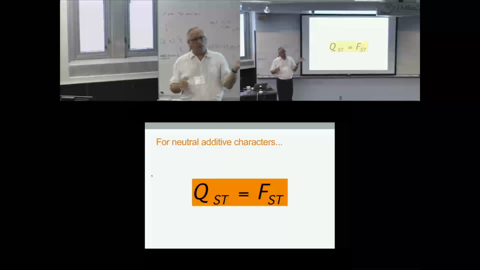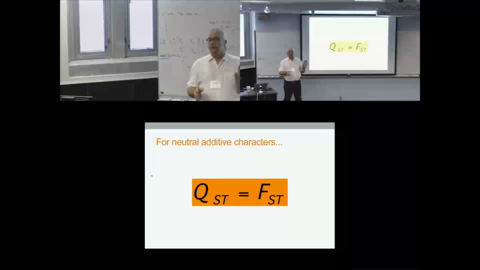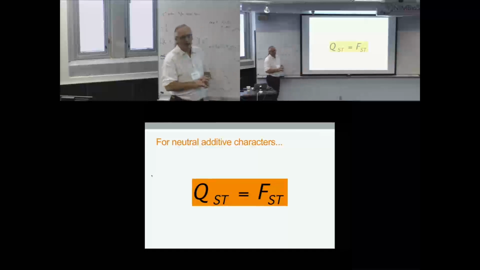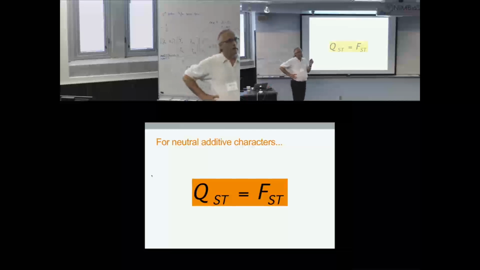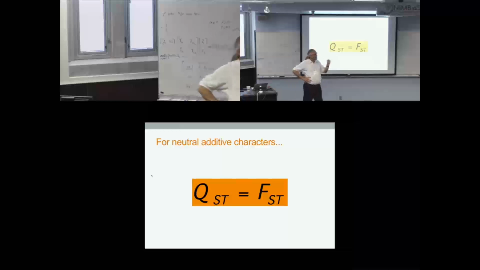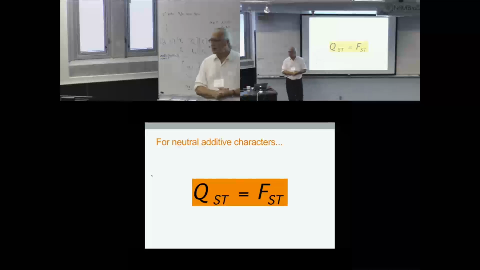Right. Now, we're going to segue a little bit to why we might care about something like QST. The reason that we might care about QST is if you are concerned about selection, in particular the kind of selection that causes some values of traits to be favored in some localities and other values of the same trait to be favored in other localities. In other words, spatially heterogeneous selection, or you might call it local adaptation.